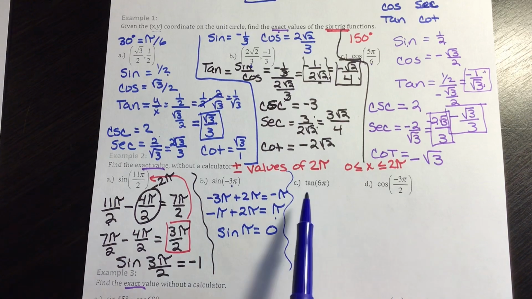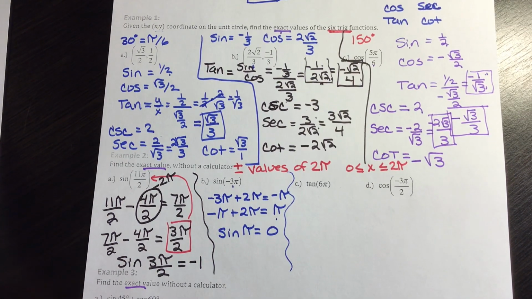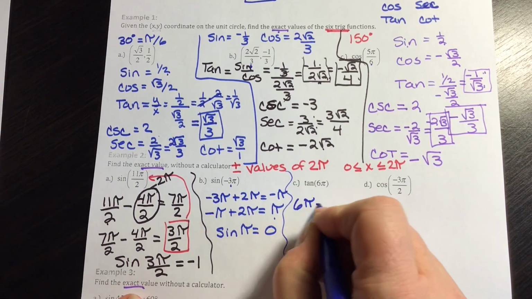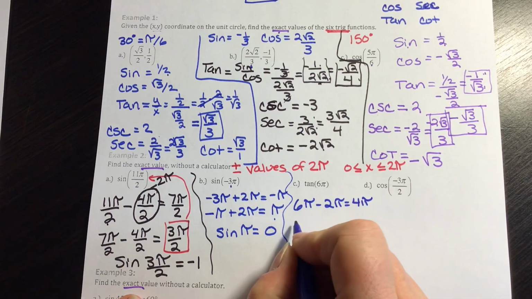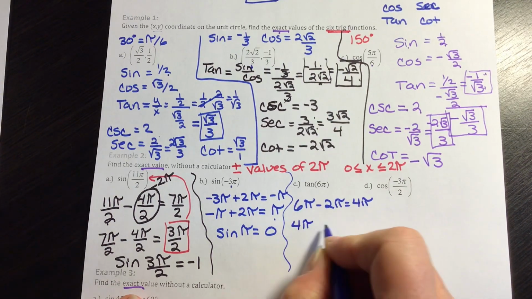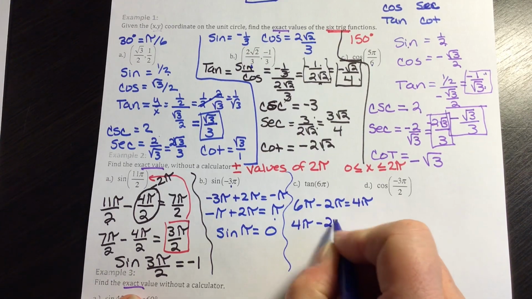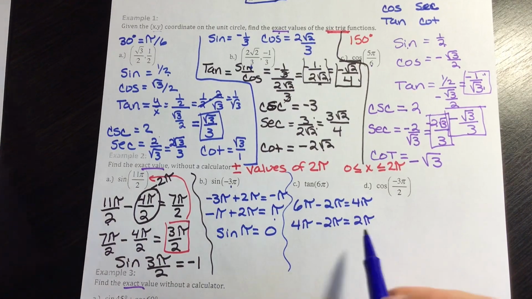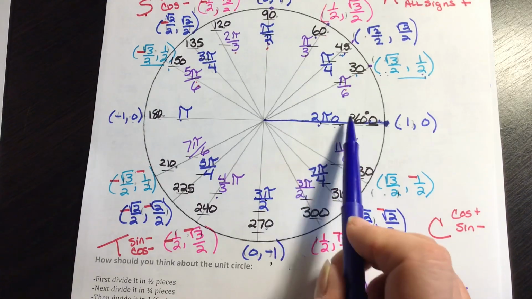All right, so now we want tangent of 6 pi. Here I'm going to take 6 pi, subtract 2 pi, and I get 4 pi. Then I take 4 pi, subtract 2 pi, and get 2 pi. So we know where 2 pi is on our circle. 2 pi is right here.